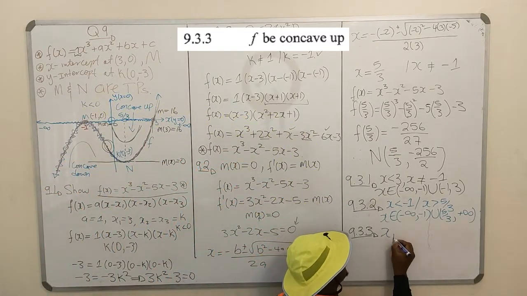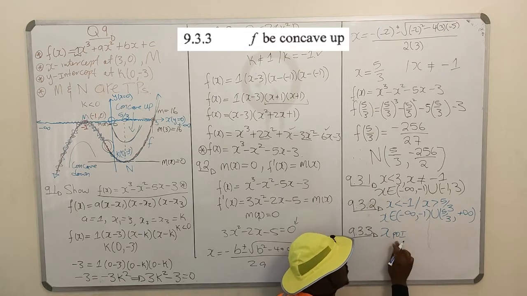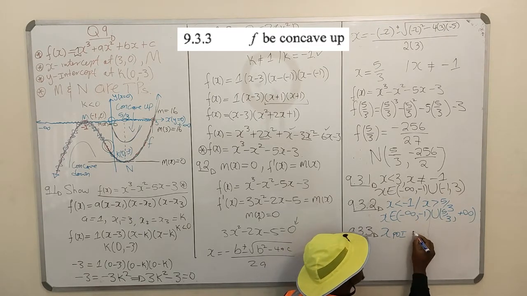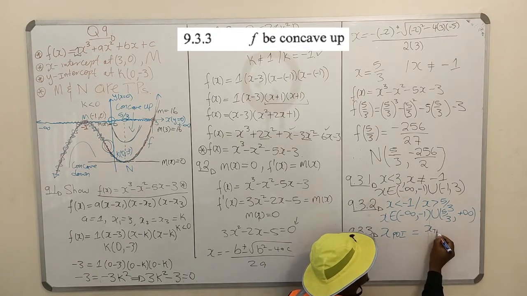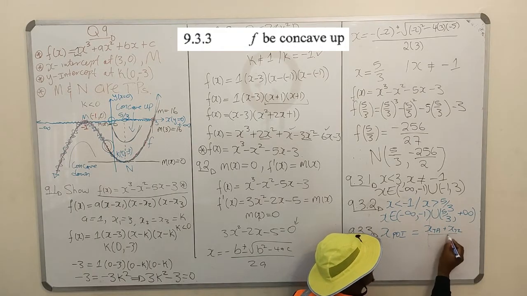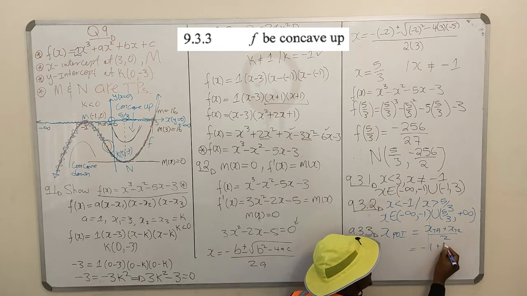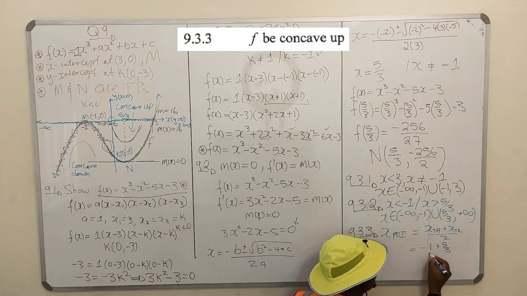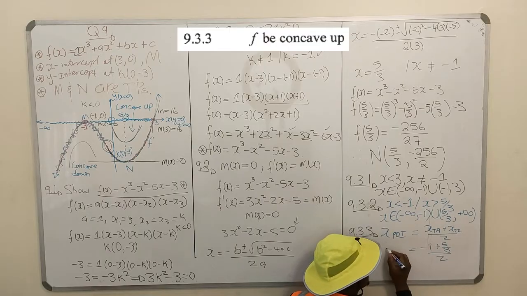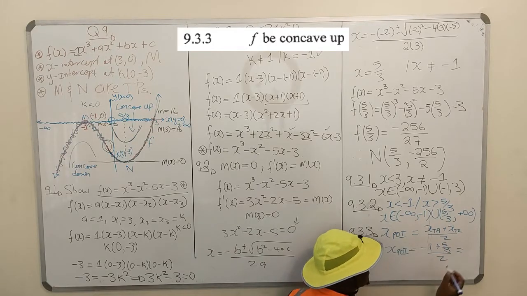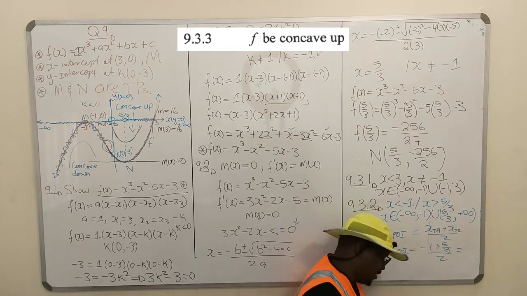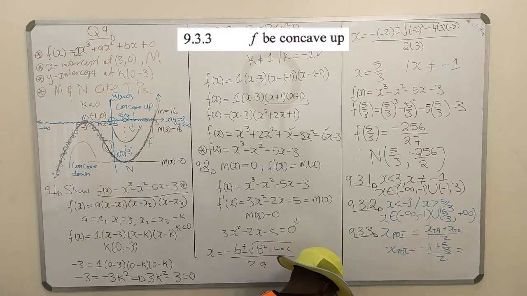So the x-coordinate of the point of inflection, where the concavity changes. To find it, you say x turning point 1 plus x turning point 2, over 2, which means it's going to be minus 1 plus 5 over 3, all over 2. Let's find what the answer is.